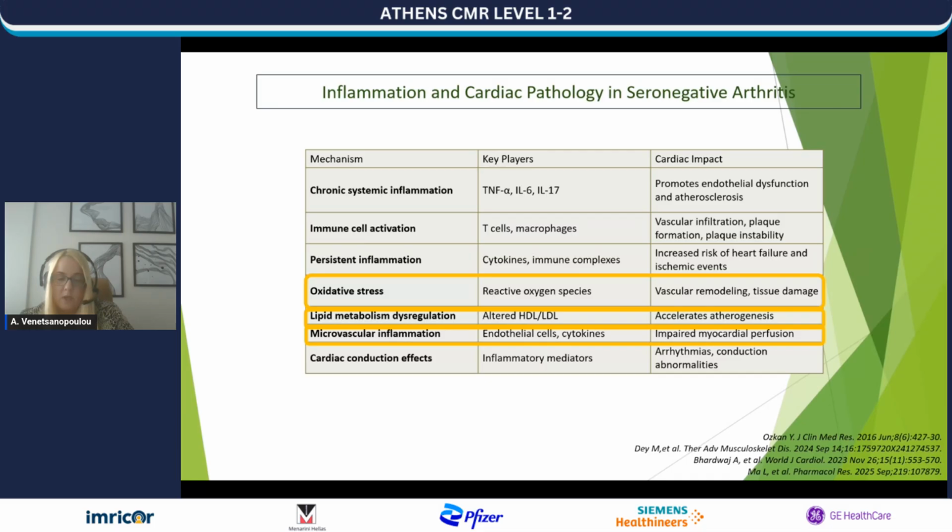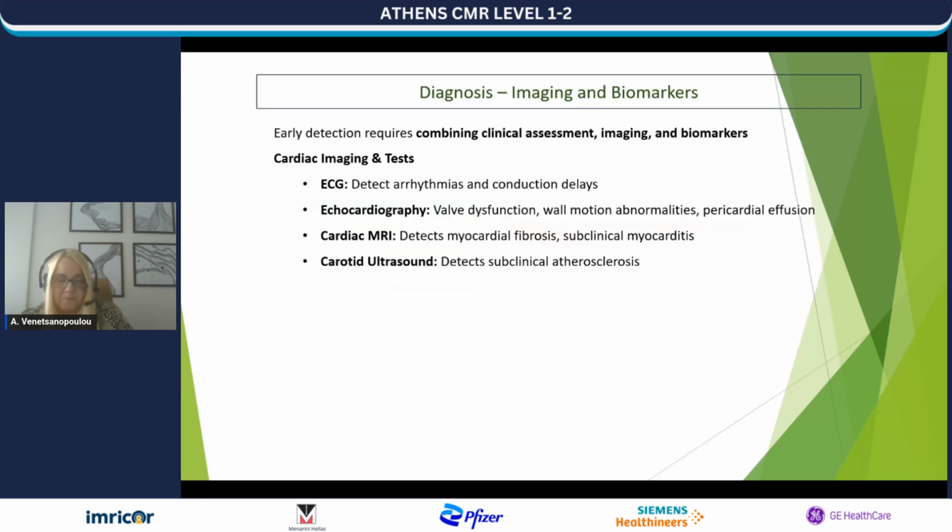This involves a continuous interplay between endothelial cells and cytokines, creating a cycle of injury and impaired repair. As a result, myocardial perfusion becomes compromised. Together, these mechanisms show us that cardiovascular disease in seronegative arthritis isn't an isolated complication. It's an extension of the same systemic inflammatory process that drives joint disease.